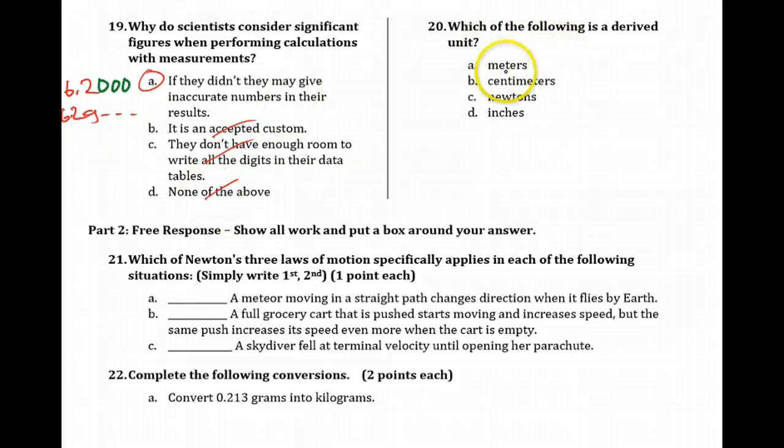A derived unit is two or more base units put together to make a more complicated unit. Meters is just a single base unit. Centimeters is one base unit and a prefix to describe it. Inches isn't even a base unit, but it's just a measurement of length by itself.